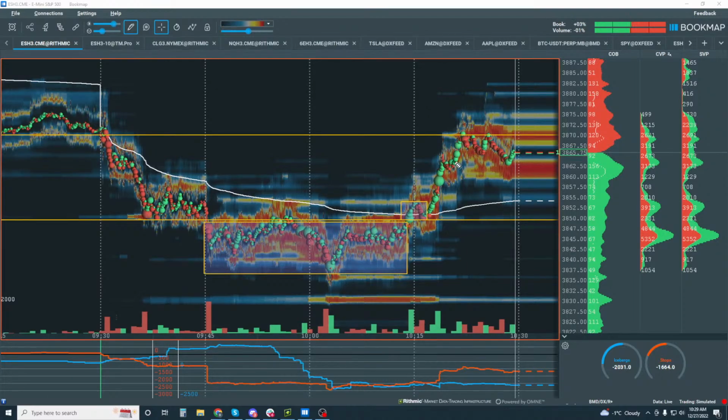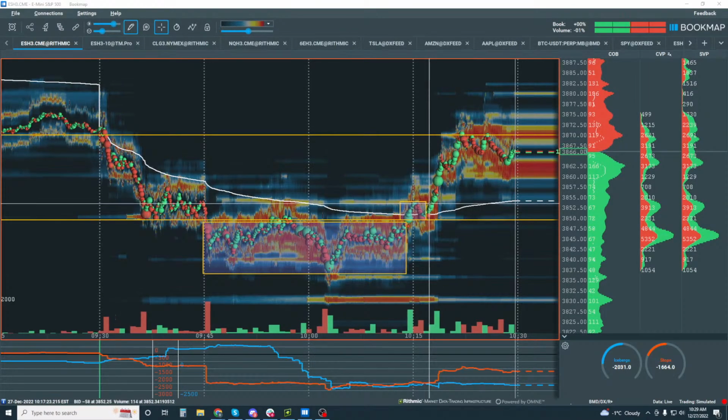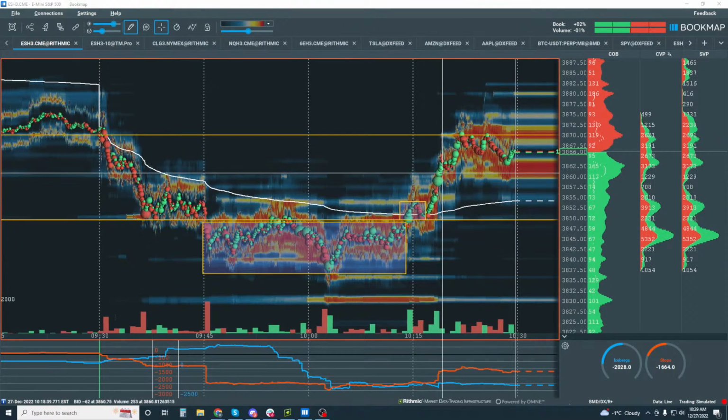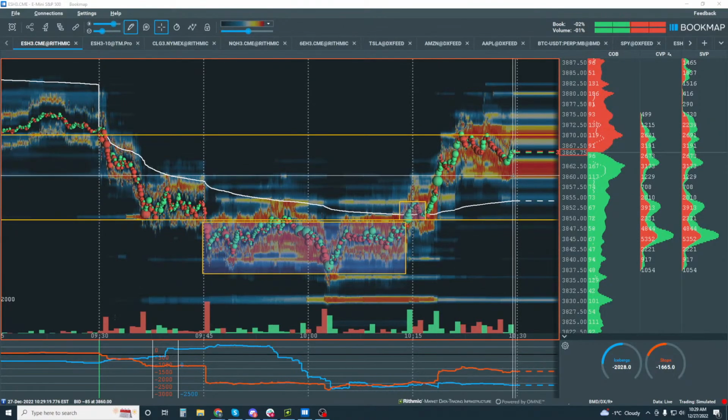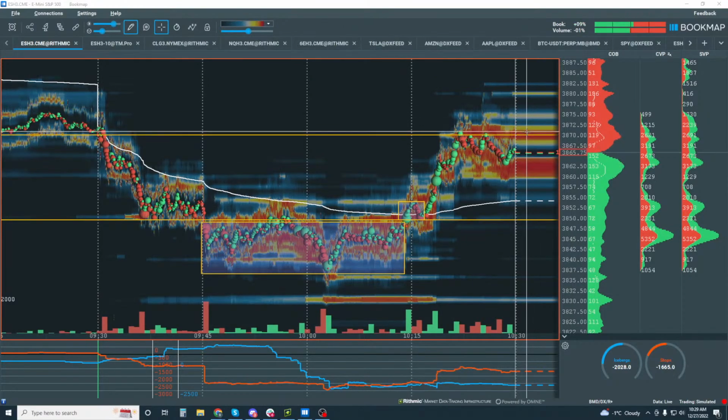So we saw it down here, and we were looking for that scenario to unfold, and it was unfolding. We saw those buyers come in, so we were looking for that move higher. Now we don't know, that scenario hasn't unfolded yet, but that's what we're looking for: those big buyers up at the top of the range here.